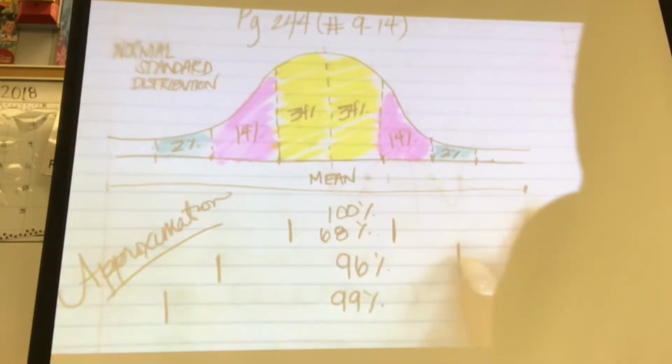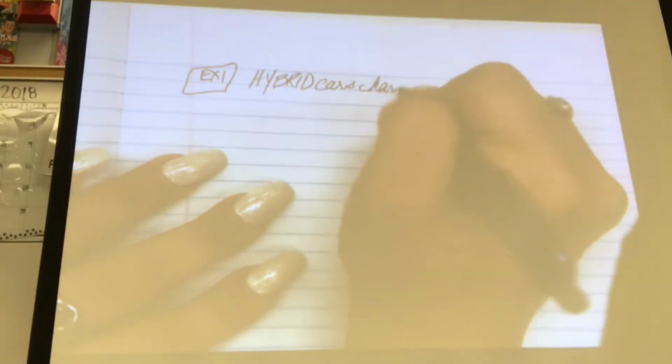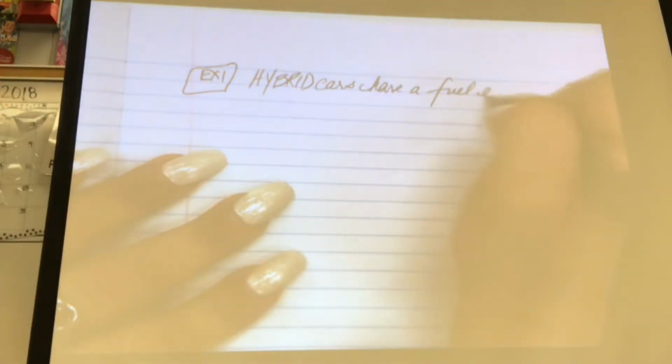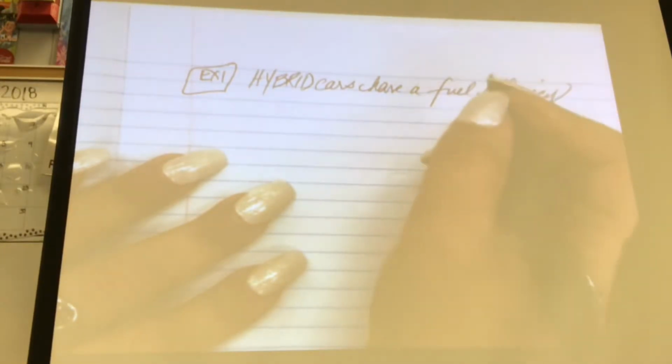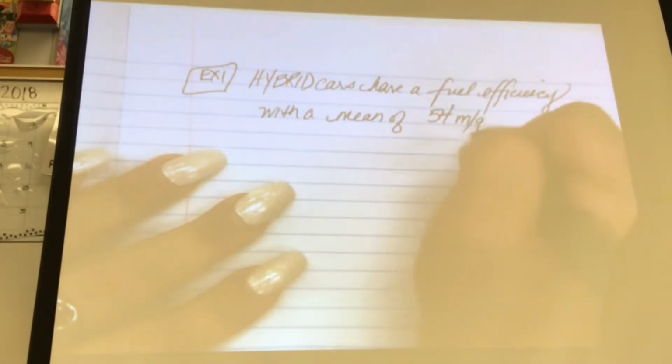All right, let's say that you're ready to buy your first car and you want to buy a hybrid. Because you're balling like that. Example 1, let's say that hybrid cars have a fuel efficiency with a mean of 54 miles per gallon.